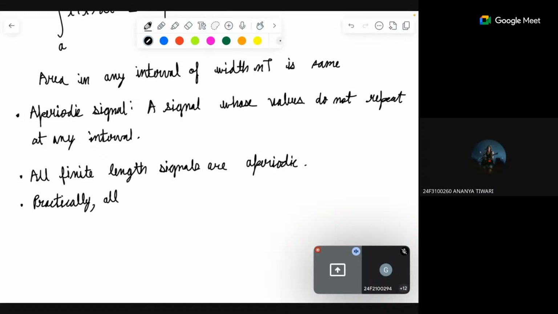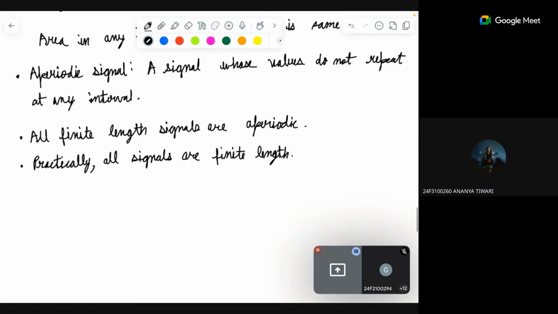So practically all signals are finite length. So what we do is we calculate the periodicity in our time window of interest. Analytically, periodic signals should extend from minus infinity to infinity, just like we said in the beginning.